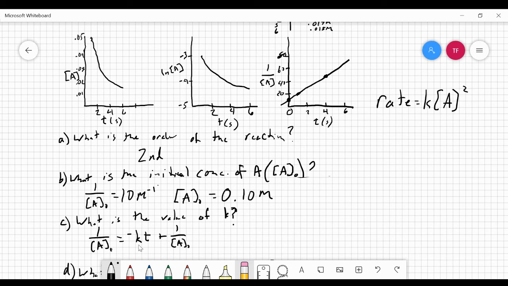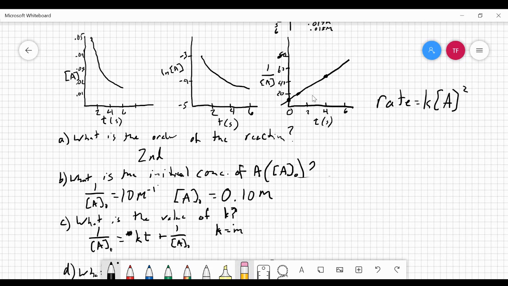K is the slope of our line. Remember, K is equal to slope for the graph of inverse of A versus T. So if we can calculate the slope of this line right here, then we know the value of K. And I'm sorry, this shouldn't have been a negative, that should have been a positive.